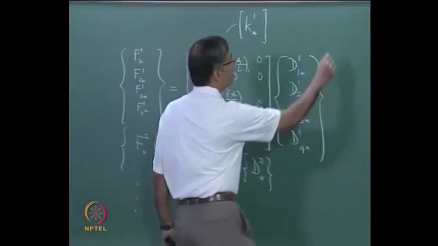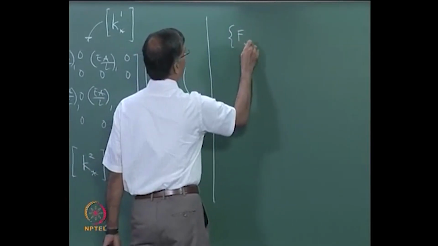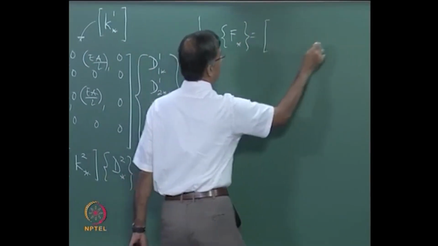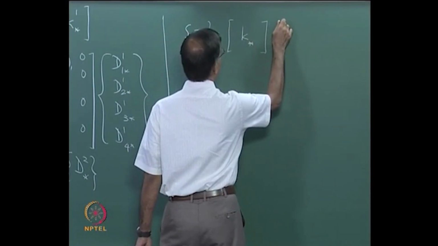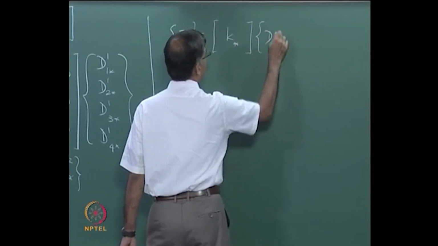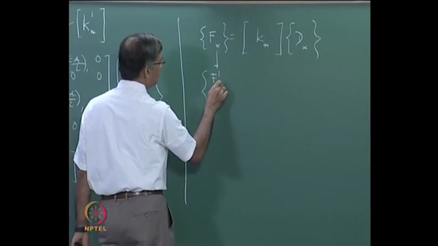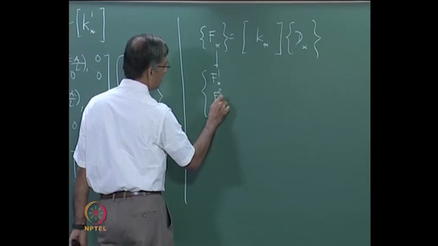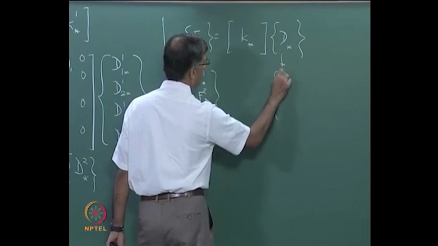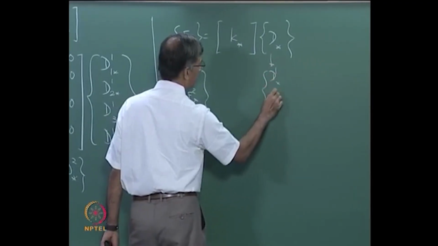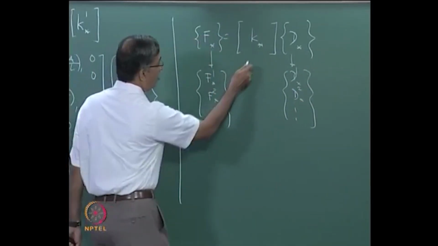Now if I want to relate all of them to a single matrix, so this is really meaning F1 star, F2 star, etc. How will this look like?